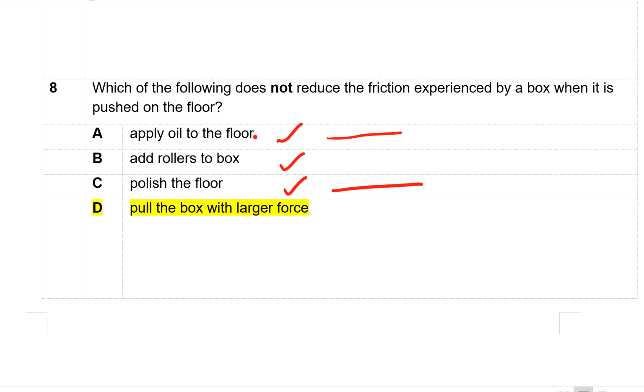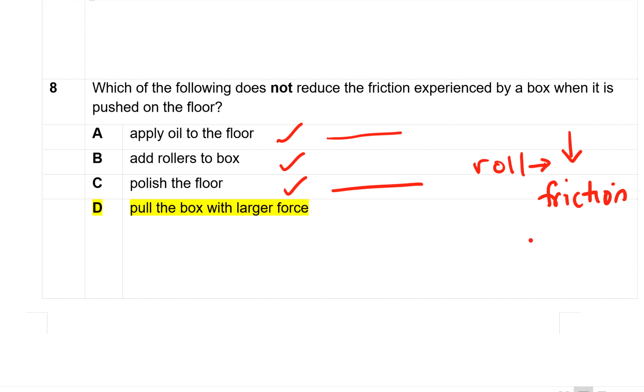Adding rollers, the reason is because the rolling action actually reduces friction compared to a dragging. So anytime you roll something, this way of movement reduces the friction, the rolling motion compared to dragging.